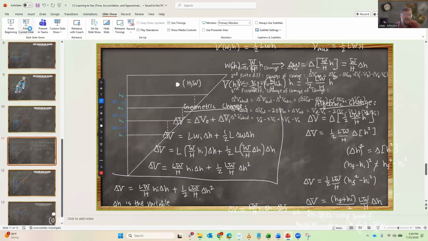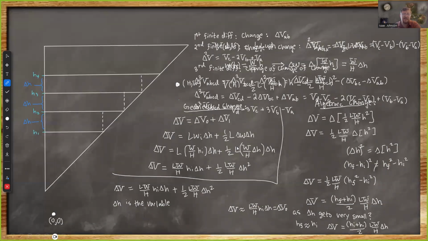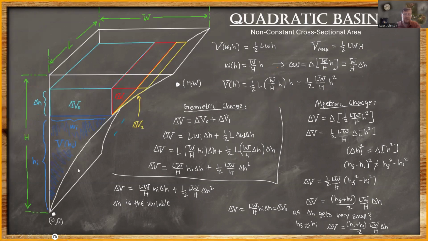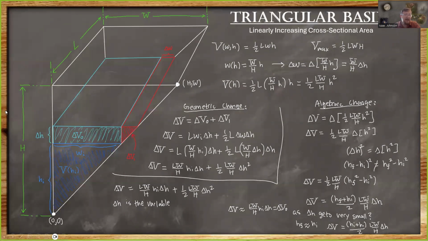So the reason I'm saying that is because I'm trying to give evidence that as delta H becomes very small, the triangle term does not matter. As Ahab would say, negligible.